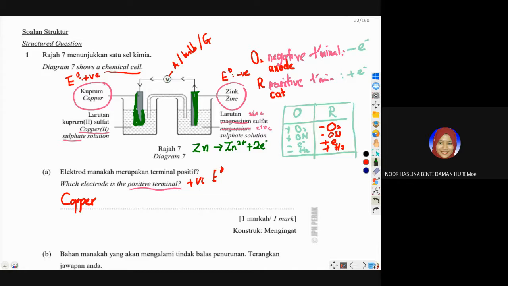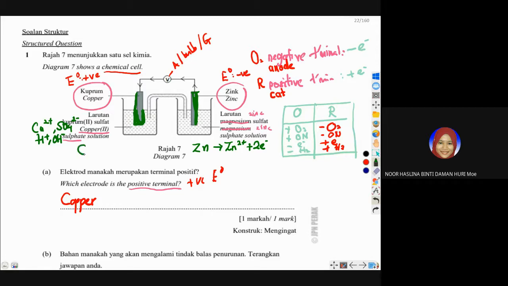Why? Because copper here, you can see inside this electrolyte, you have copper 2 ions, Cu2+, and then you have sulfate ion, SO4 2-. Because this one solution, that's mean we have water inside here. So water here, we have hydrogen ion and hydroxide ion. Okay, so the main here is copper 2 ion, not copper.